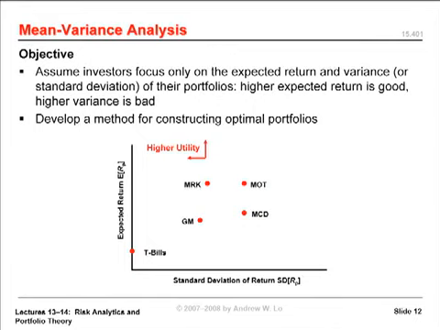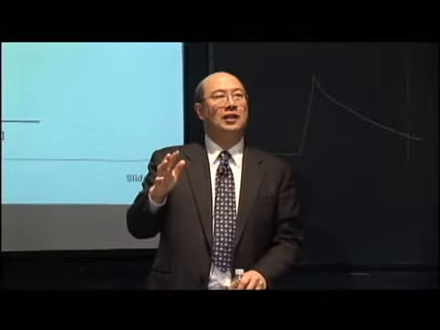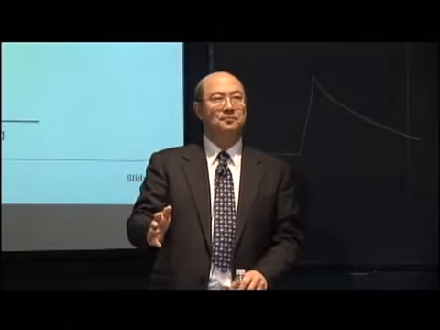So at least in this setting, nobody in their right mind, by that I mean no rational investor, would ever want to hold McDonald's over Merck, right? By our assumption. We're assuming that investors like expected return and they don't like risk.